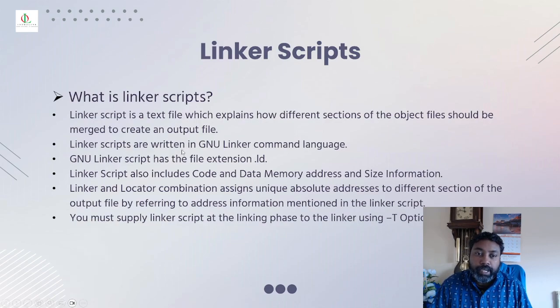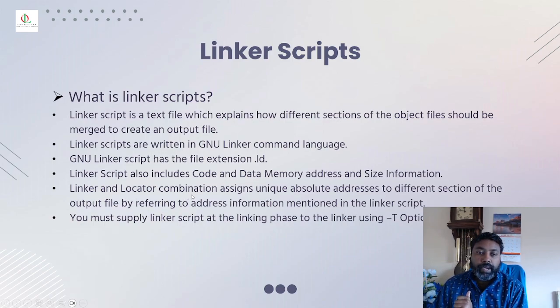The linker scripts are written in GNU linker command language, and the file extension that's used is .ld. The linker script also includes the instructions and data memory addresses and their size information. As we just saw, the memory definition will have the memory name, the address and the size. So those are all described in the linker script.